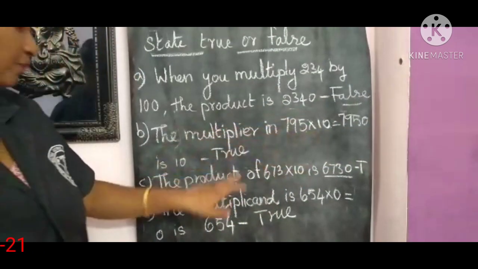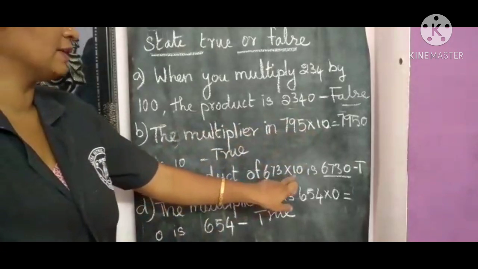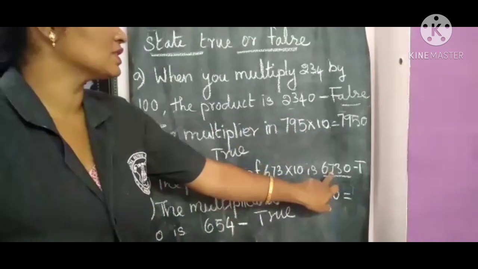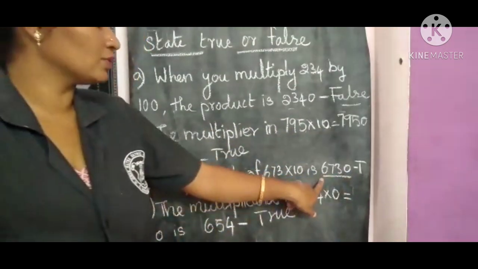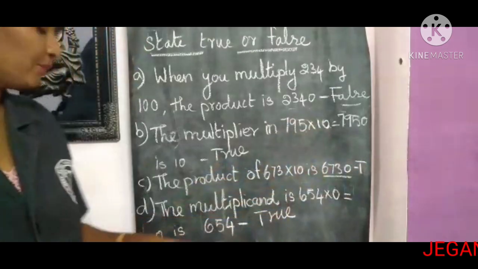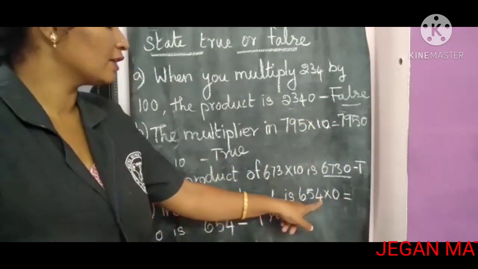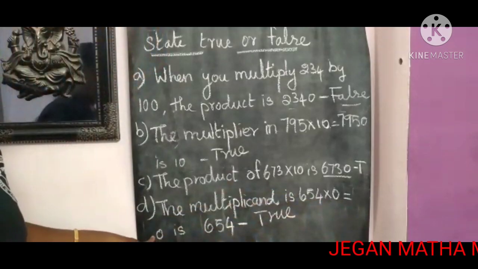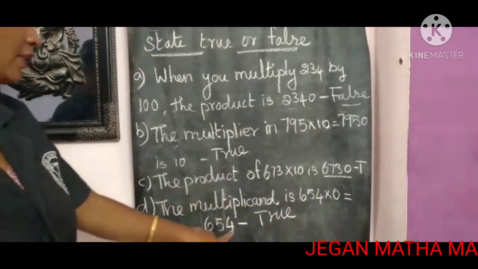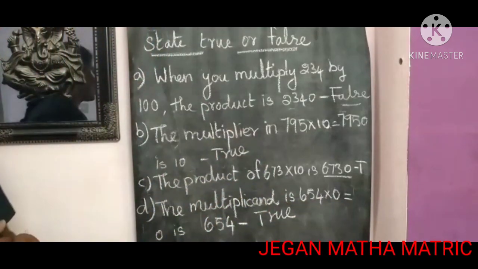In the third question, the product is 6730. And in the fourth one, 654 is the multiplicand. So this sentence is also true.